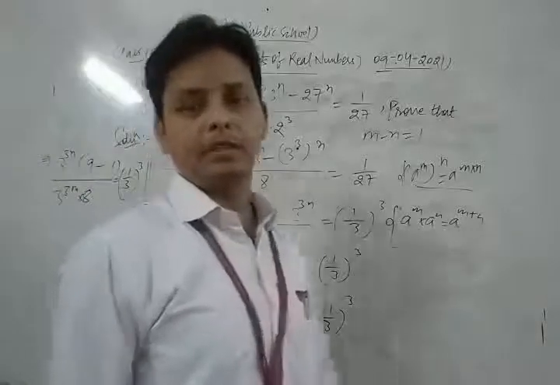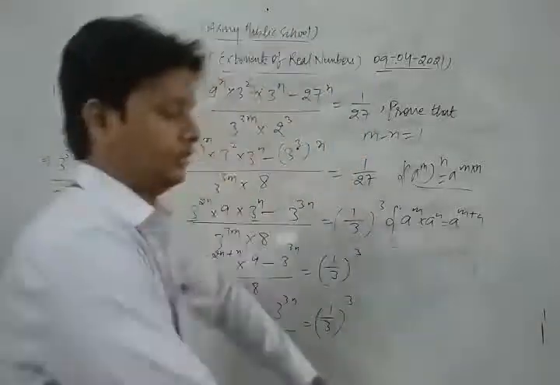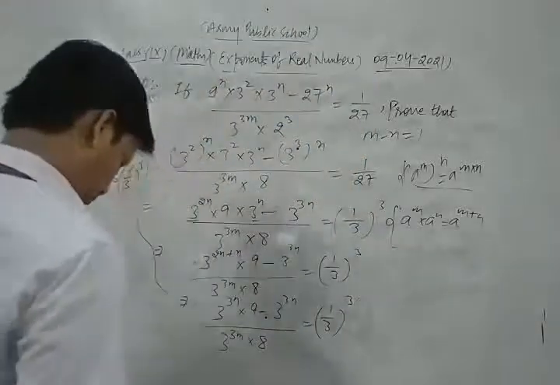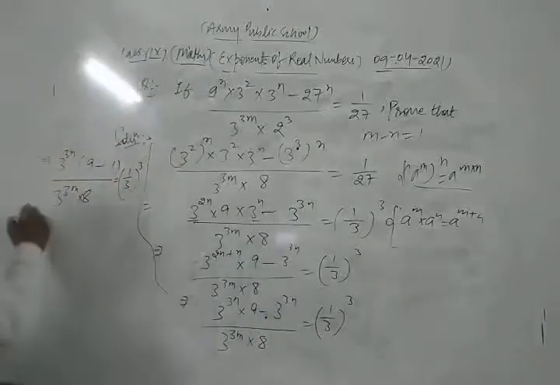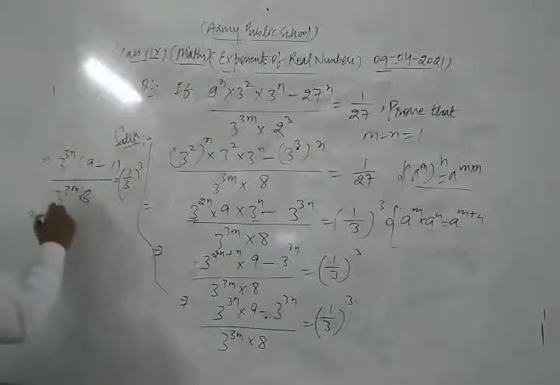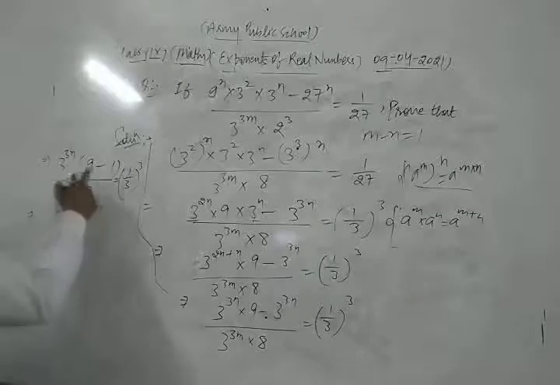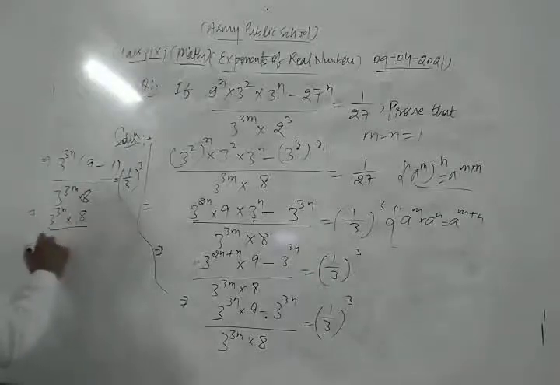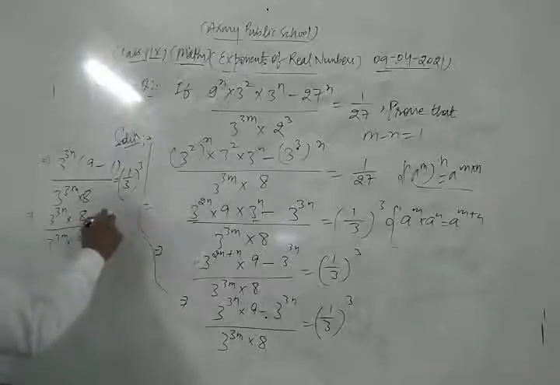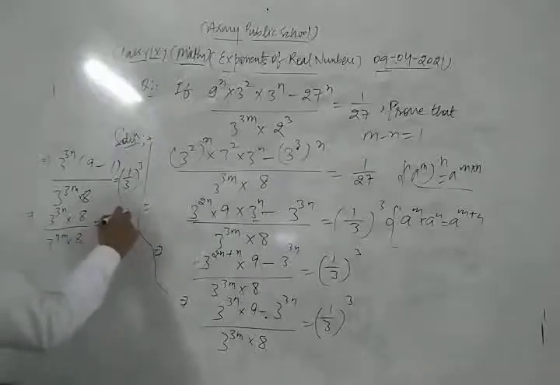Okay, now let's see. So here 3 power 3n into 8 upon 3 power 3m into 8 is equal to, we can write, 1 upon 3 to whole power 3.